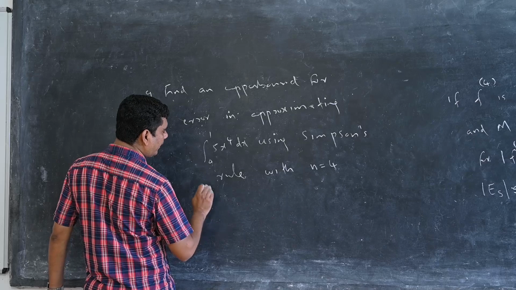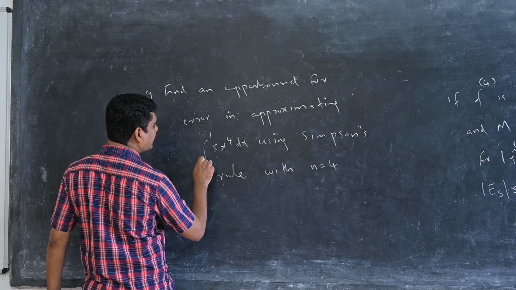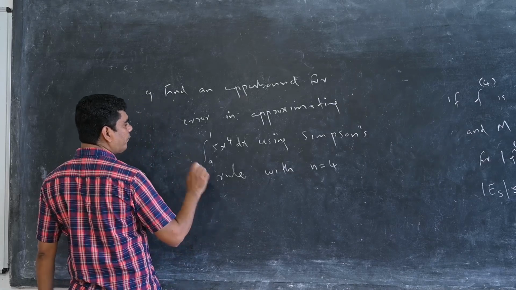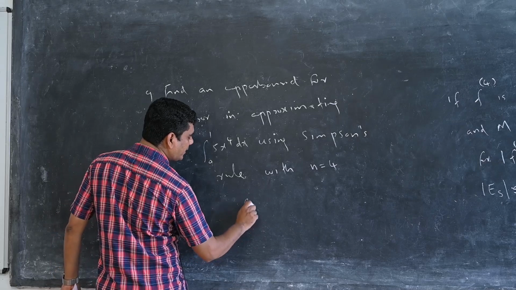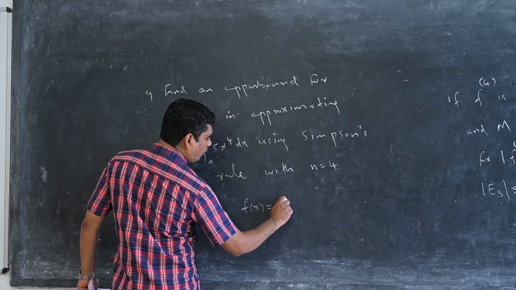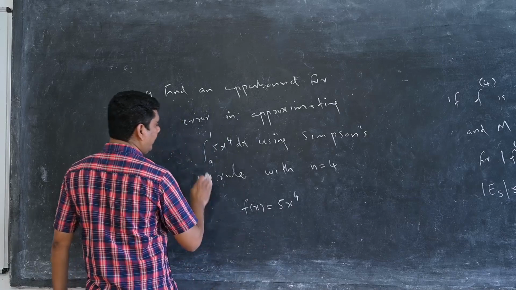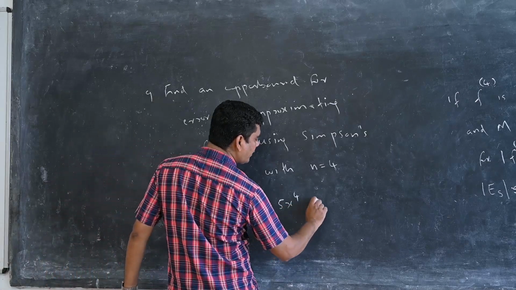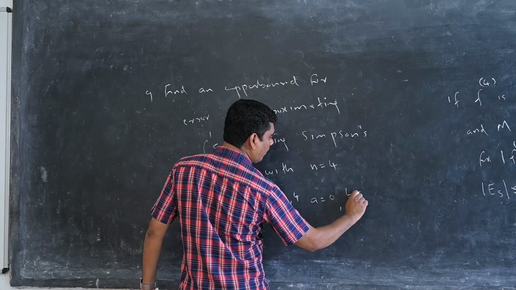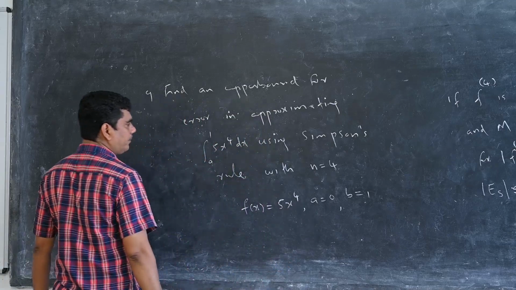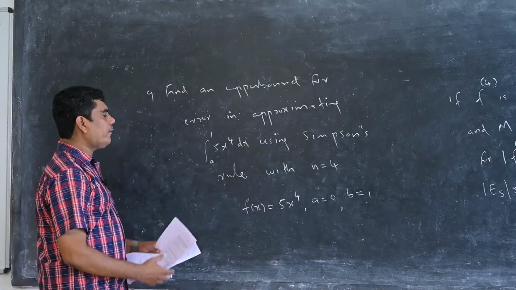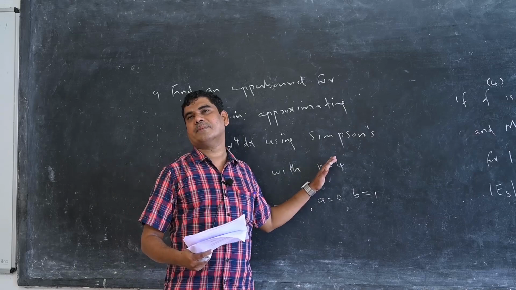So here the integral a to b f of x dx is the integral 0 to 1 of 5x raised to 4 dx. So f of x is equal to 5x raised to 4, a is equal to 0, b is equal to 1. Here we are given the number of steps n equal to 4.